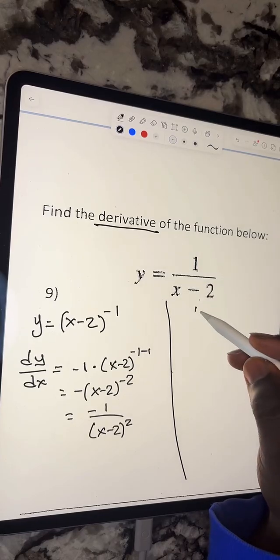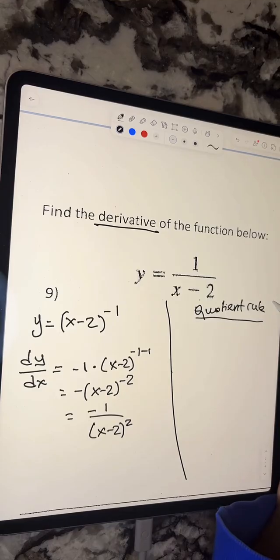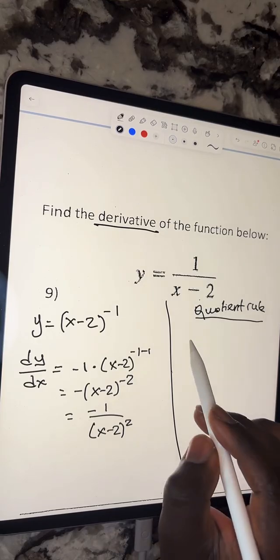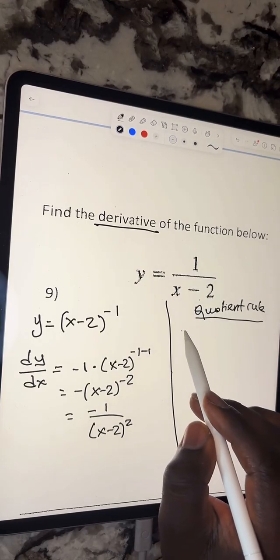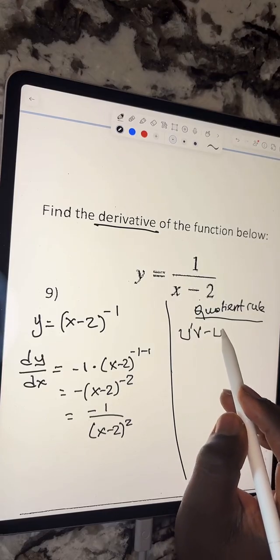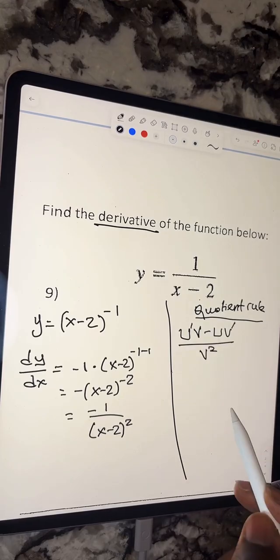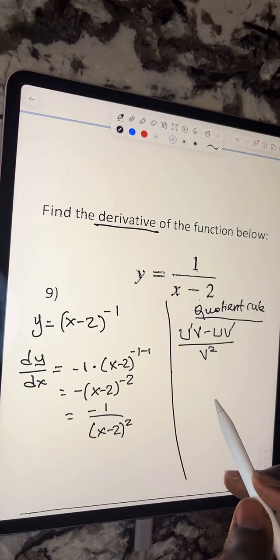Or you can use the quotient rule too. So the quotient rule, you guys know already: low d high minus high d low over low squared.